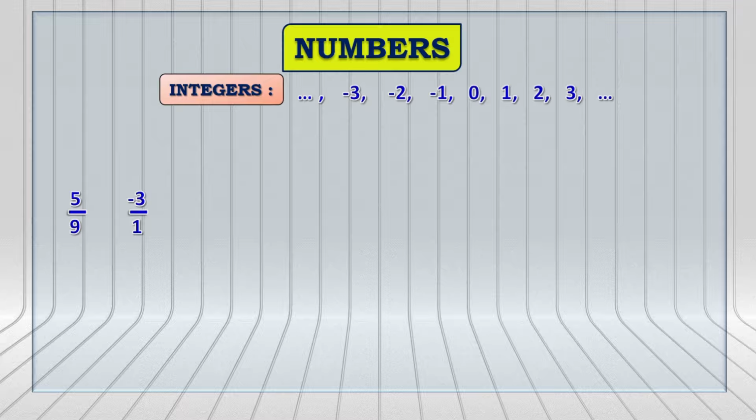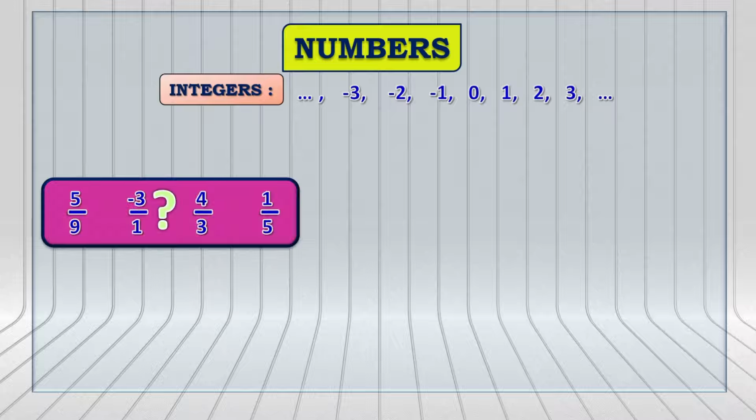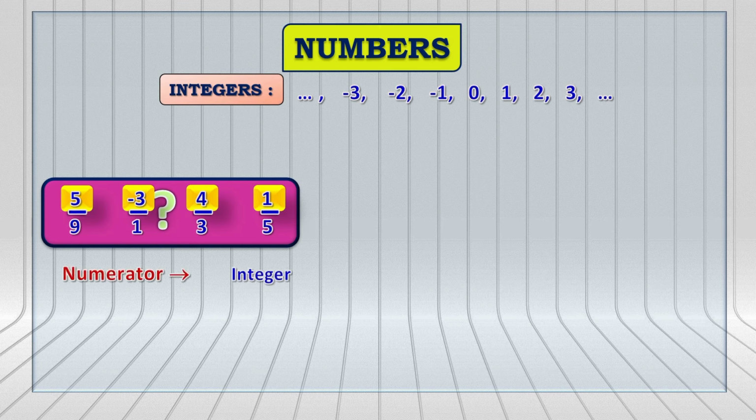Now, if we say 5 by 9, minus 3 by 1, 4 by 3, 1 by 5, what are these types of numbers? If you take a look at the numerator, we have 5, minus 3, 4, 1. You can clearly see that these are all integers, which includes the positive or the negative part of the number.